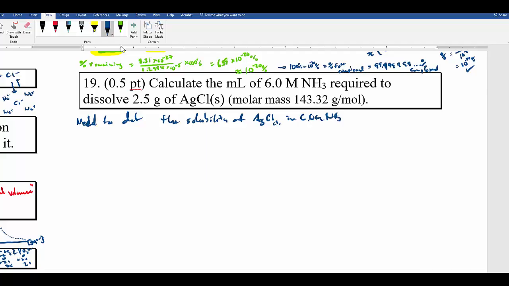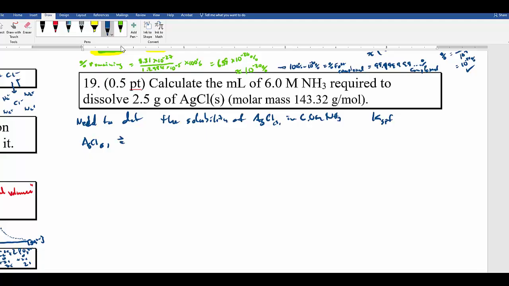The solubility in water would be KSP. This is going to be solubility in ammonia, which is going to be a KSPF. So the KSPF problem here. So first off, we need to get the KSPF equation.